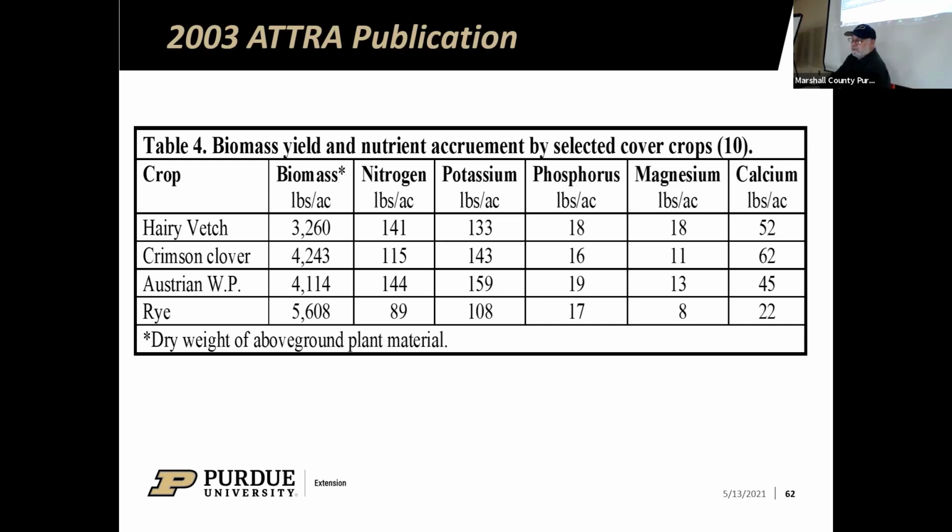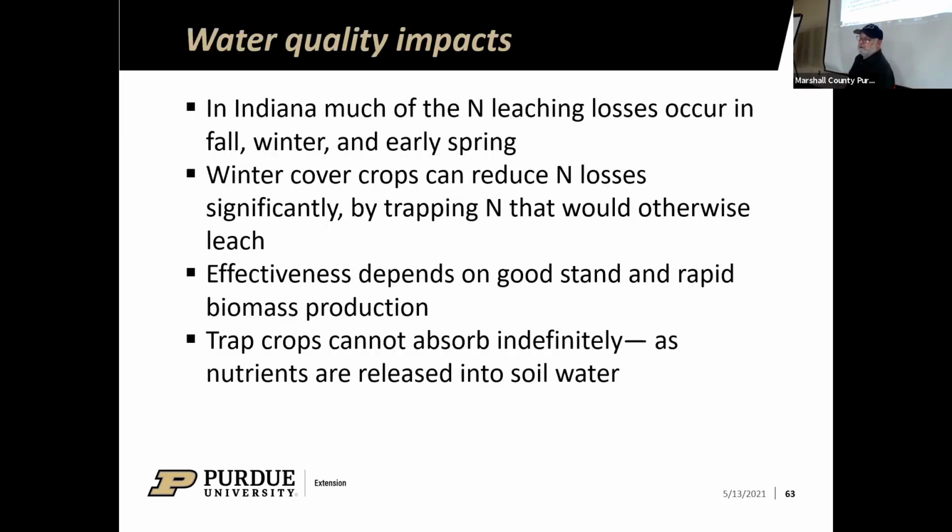So growing these, we'll actually be harvesting some nutrients to help with nutrient cycling in our soil by having them present in these cover crops. So we can keep more of a natural process going of returning nutrients to the soil.